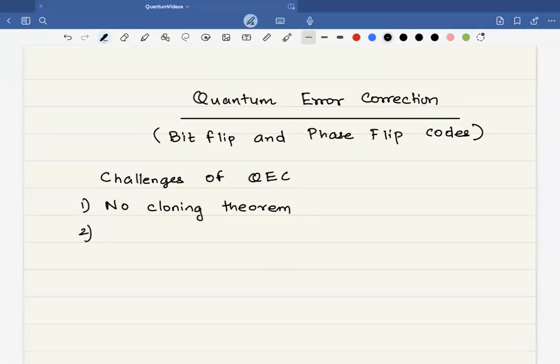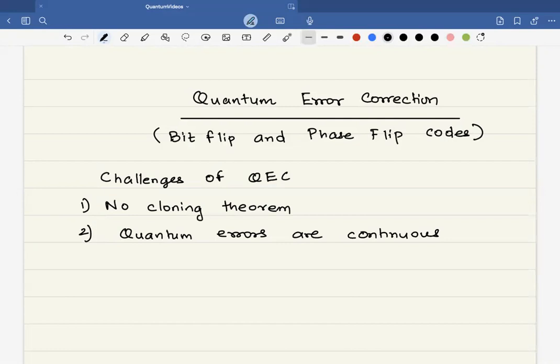The second challenge is that quantum errors, unlike the classical ones, are continuous. So obviously they are harder to correct.